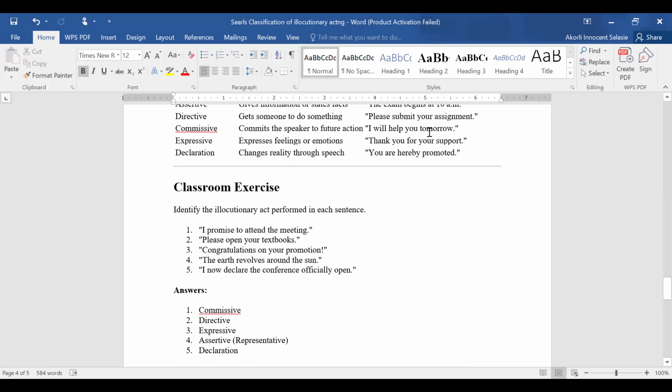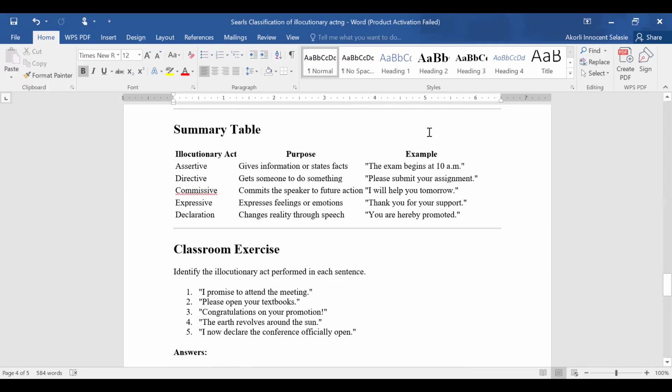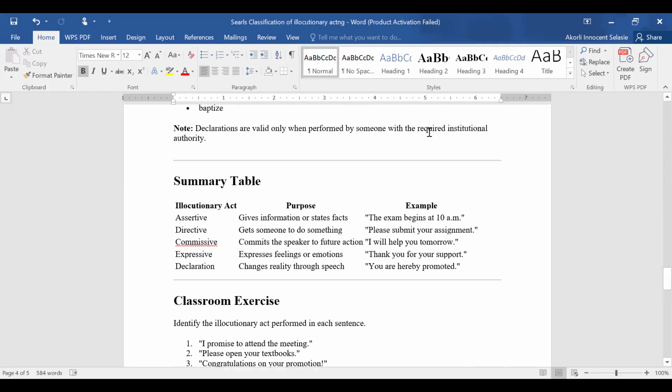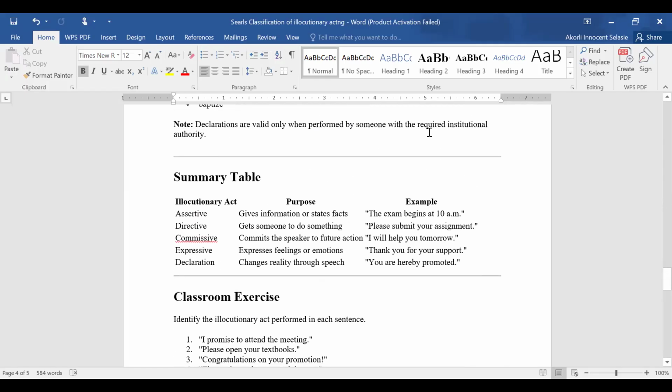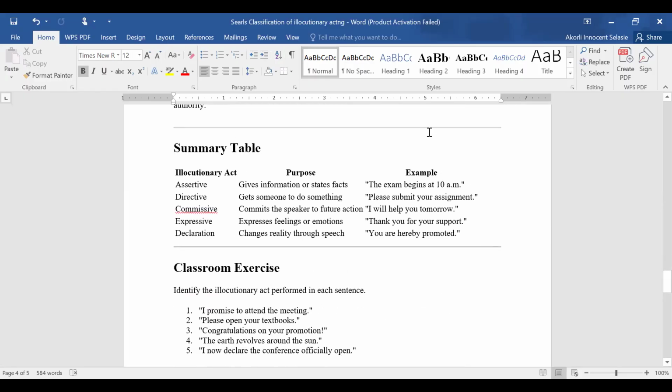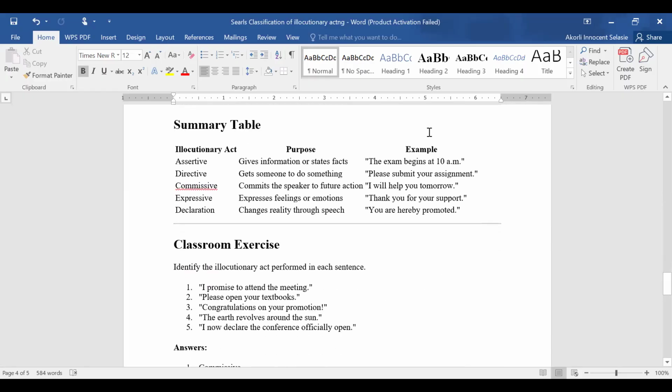Classroom exercise. Summary table. Okay, you can read it. Assertive, purpose, and the example: gives information or states facts. The exams begin at 10 a.m. Directives: get someone to do something.